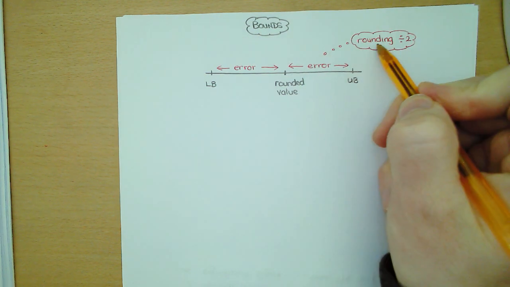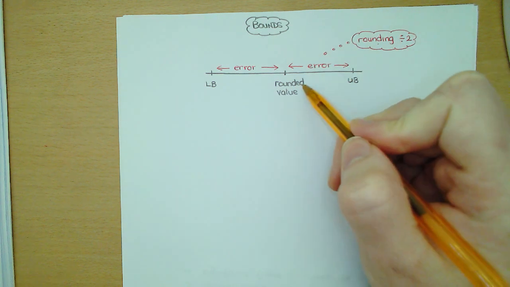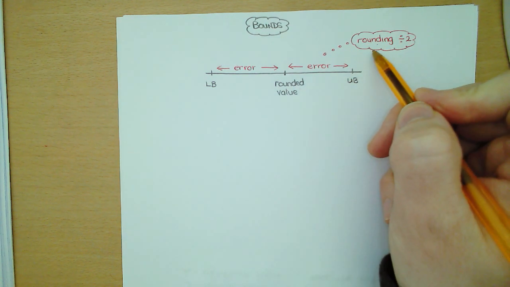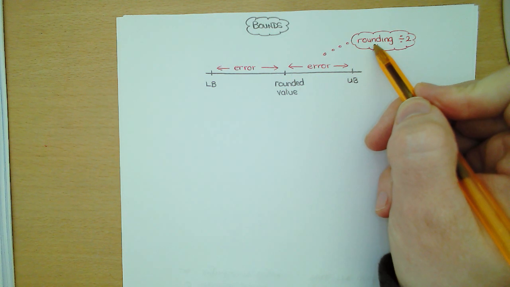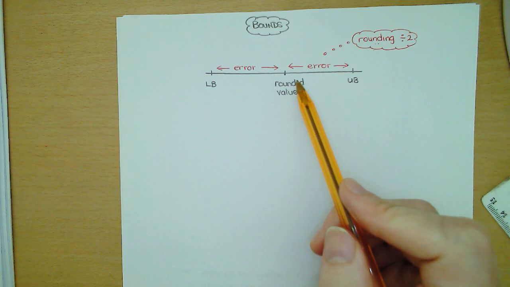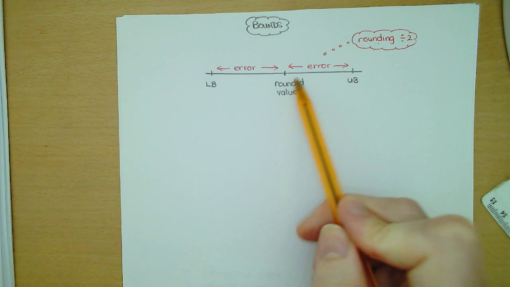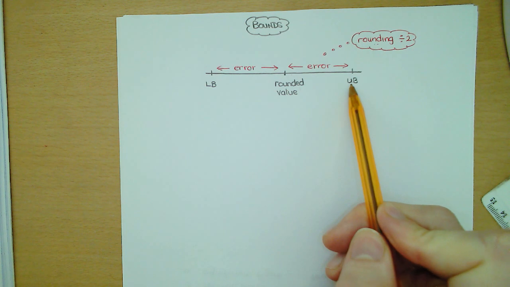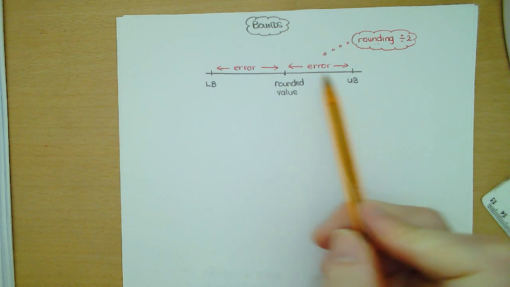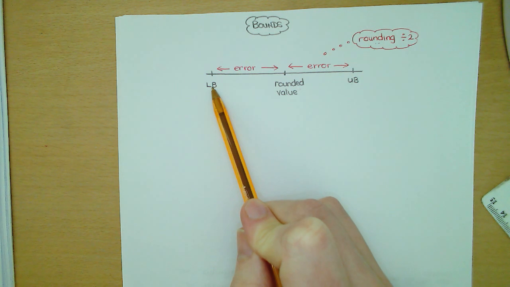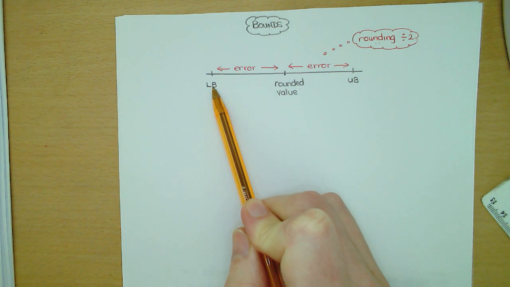The rounding is just simply what the rounded value has been rounded to. So for example, 1 decimal place, 2 decimal places, to the nearest tenth, to the nearest 1 unit, and so on. You can also see from the diagram that the rounded value plus the error will give us the upper bound, and the rounded value subtract the error will give us the lower bound.